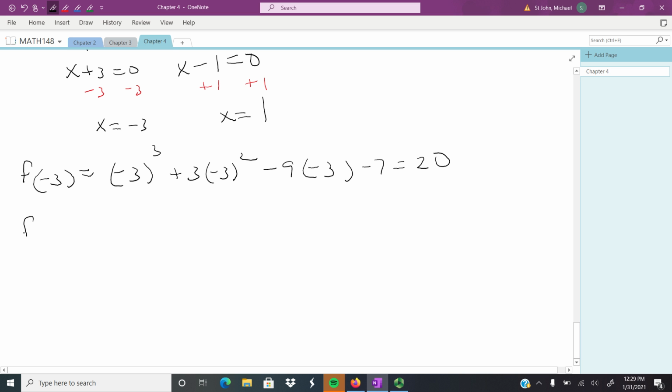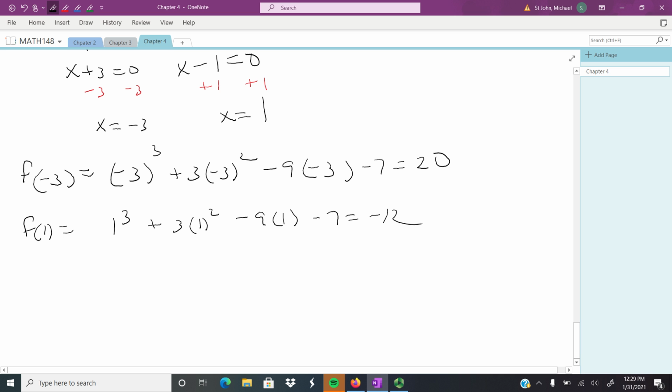And then the f of 1 is 1 cubed, 3 times 1 squared, minus 9 times 1, minus 7, and this is -12. Right? So now we look at our numbers.